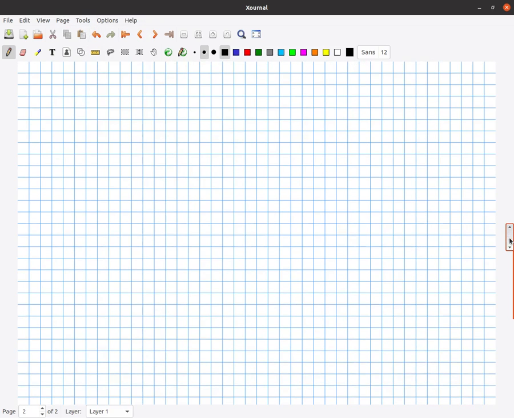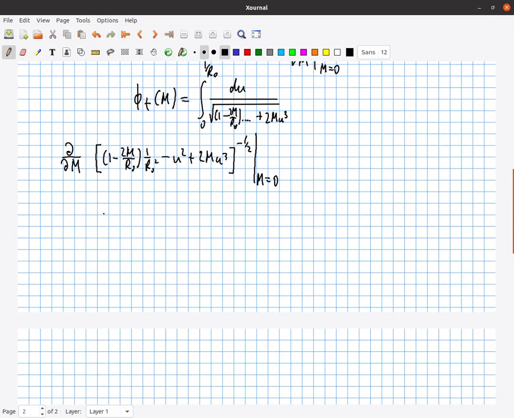Let's start with a new page. First, we need the chain rule, minus 1/2, 1 minus 2m over r naught, 1 over r naught squared minus u squared plus 2m, to the minus 3 over 2, because you reduce the exponent by 1, times the inner function differentiated with respect to m. That's the important bit. M here is our independent variable in this approach.